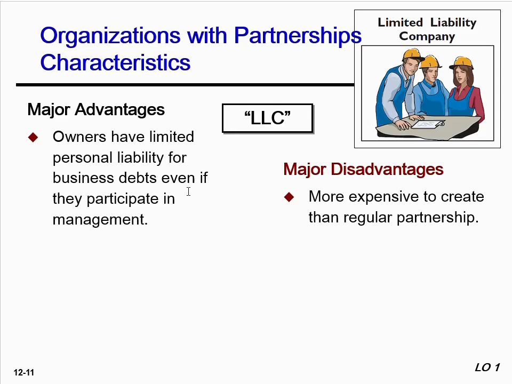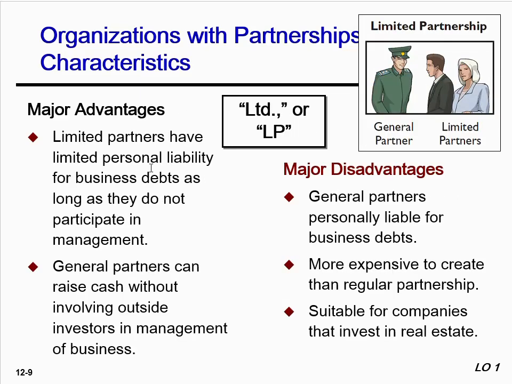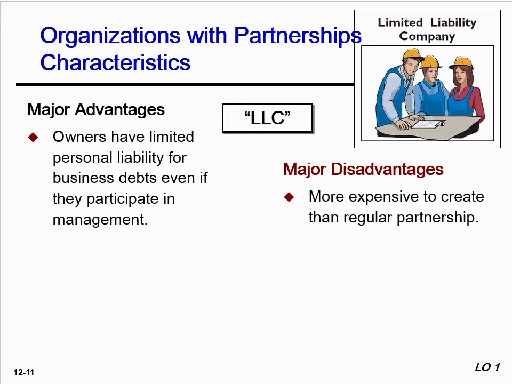But here, one important feature is that when we talked about the first category of specialized partnership, limited partnership, we said those partners who have limited liability will not participate in the management. But in a limited liability company, they do participate in the management, and they are responsible for their liabilities up to some extent.